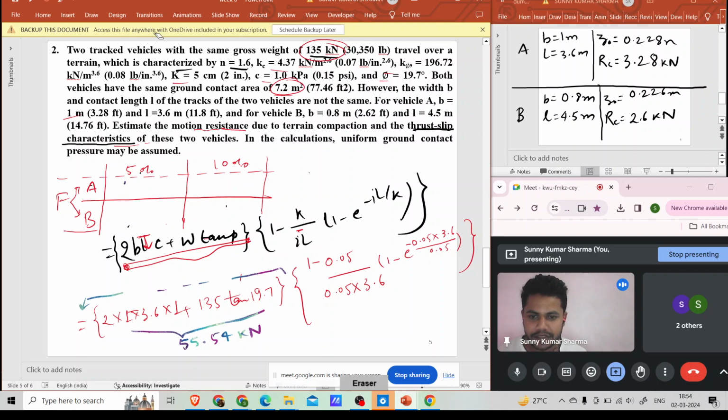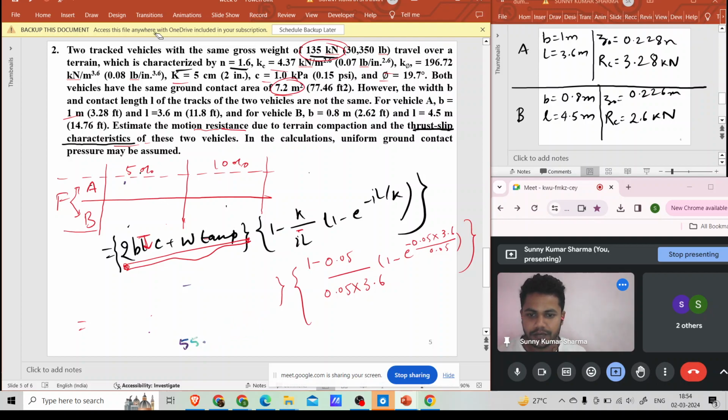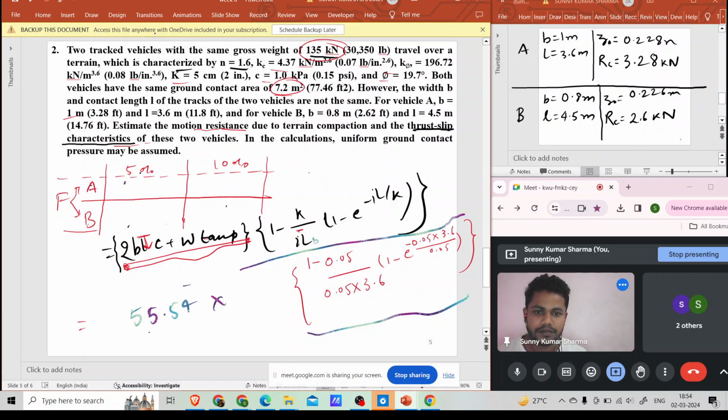Okay, this is the maximum part and that is correct. 55.54 will be common for both the tracks, 55.54. Let me multiply it, let me change the value here. First you do 5% and 10%, then you change it like that.